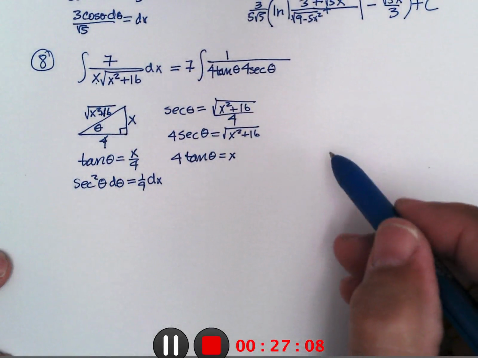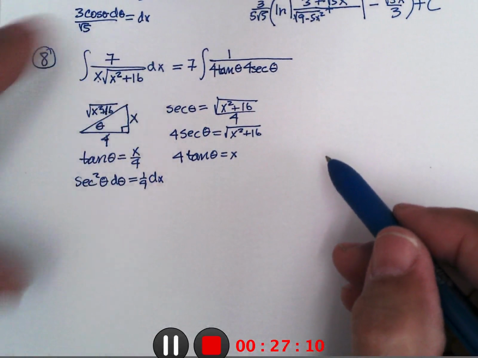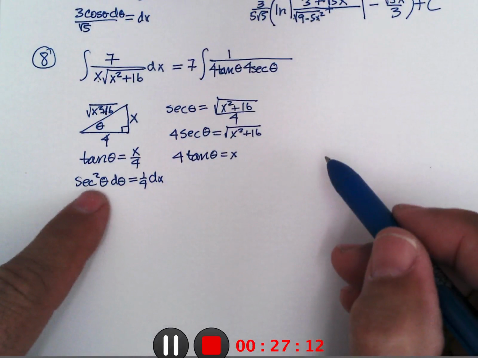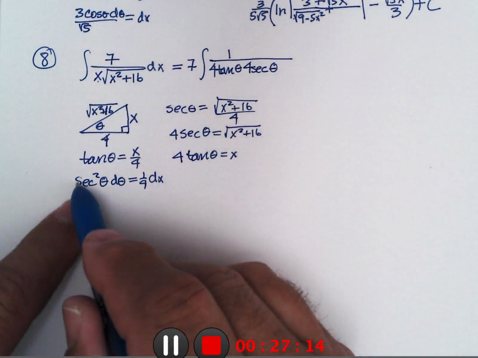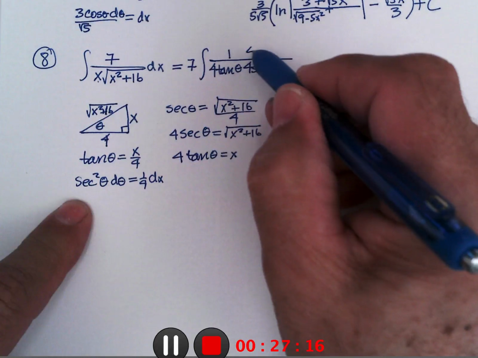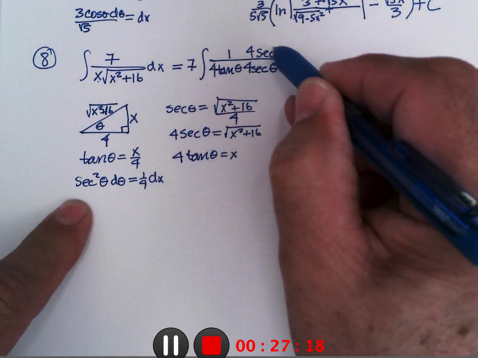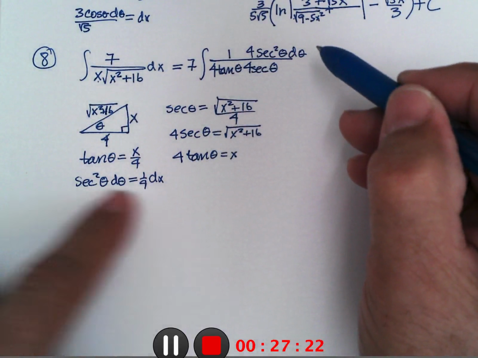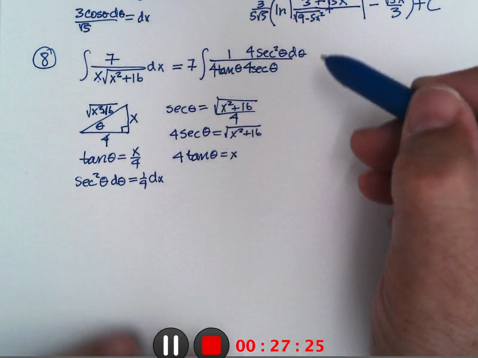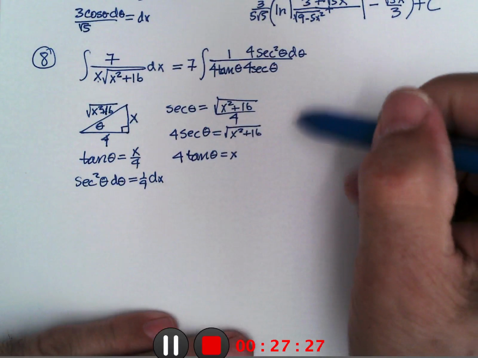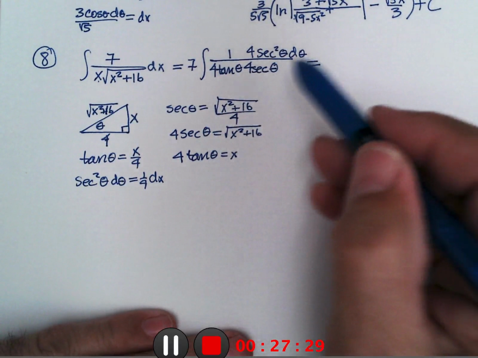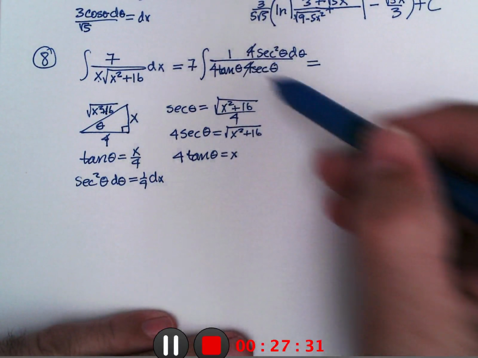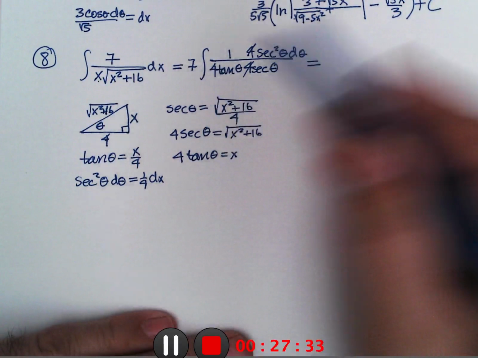And the dx is 4 secant squared theta d theta, having to multiply both sides by 4. All right, so now we'll do some simplification. These 4's would cancel, so I get a 4 coming out, so I get 7 over 4.